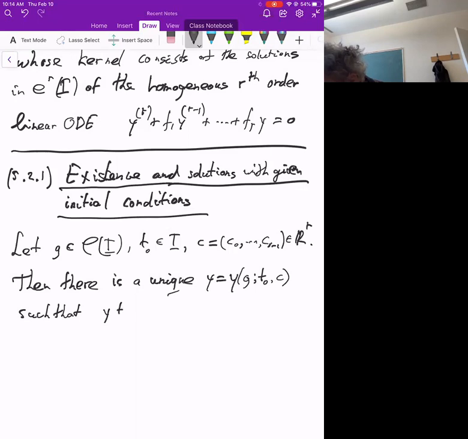So the value of y at t0 is C0, and so on up to the value of the R minus 1 derivative.